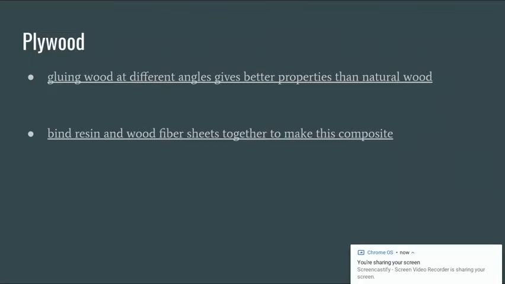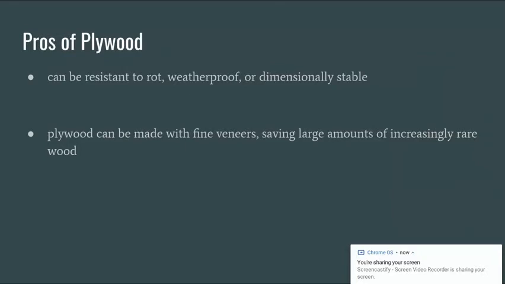So, plywood is resin and wood fiber sheets together to make the composite. And there are different pros to using plywood over a different type of wood. So, plywood can be resistant to rot, weatherproof, and is dimensionally stable.